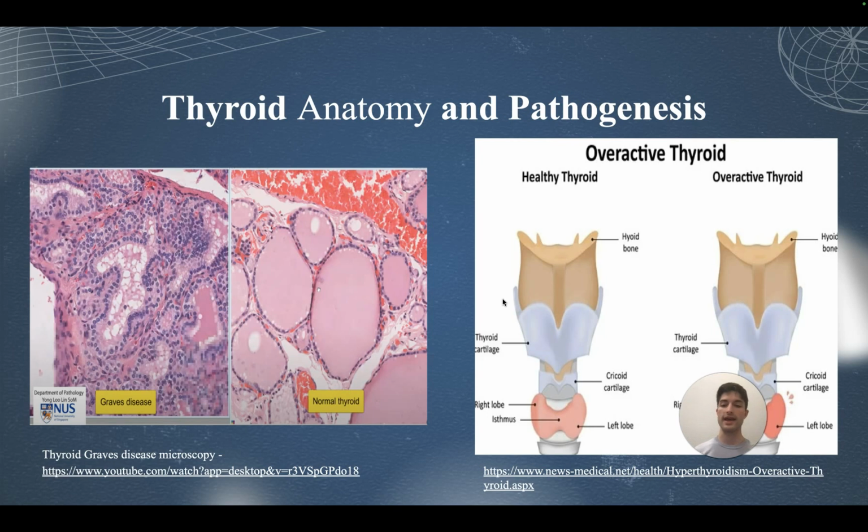Once that happens, that binding activates the production of T3 and T4, which are triiodothyronine and thyroxine respectively. And that increased expression results in glandular hyperplasia, which is basically the enlargement of the thyroid gland, as well as eventually hyperthyroidism.